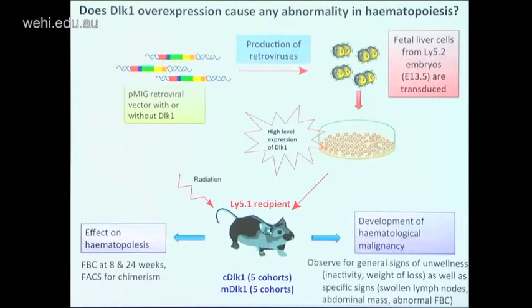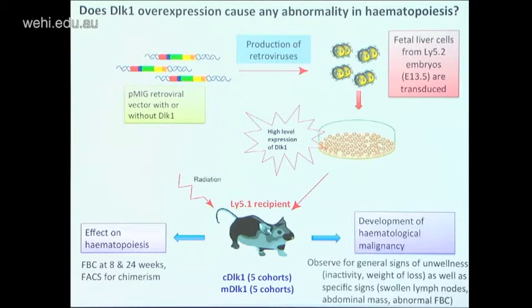What I've done is use fetal liver cells from CD45.2 embryos at E13.5. Again, all the donors are 45.2 and all the recipients are 45.1. I transduced them using retroviruses containing the overexpression vector or the empty control MIG vector.